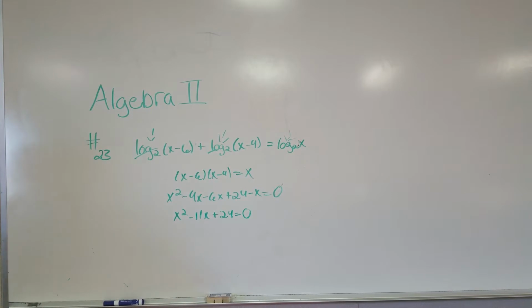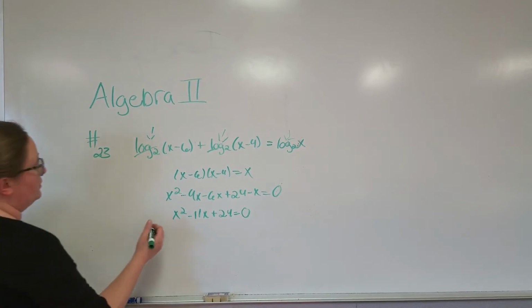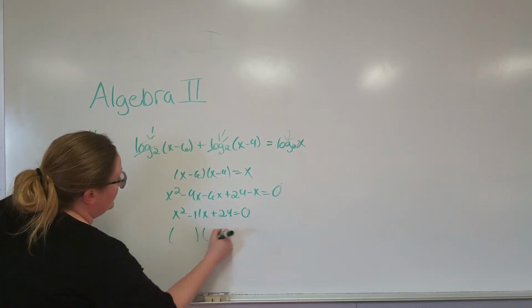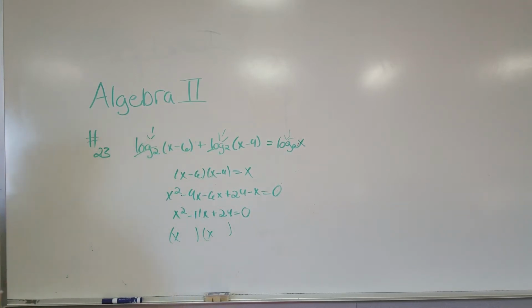So now we have a quadratic and we can solve by our different forms we learned when we did our quadratics. We could do factoring, completing the square, or the quadratic formula. I really think factoring is going to be the simplest here because there's no coefficient on the first term, so automatically it's x and x, and then the factors of 24 that add to 11 are going to be 8 and 3.